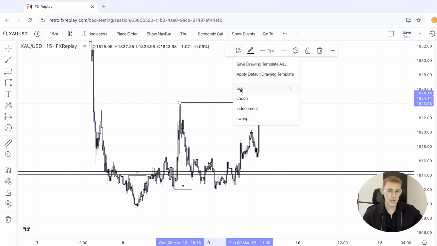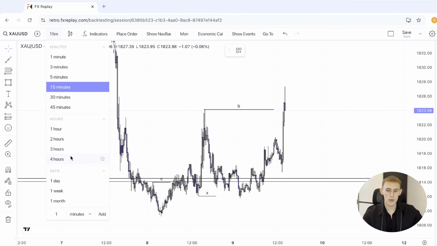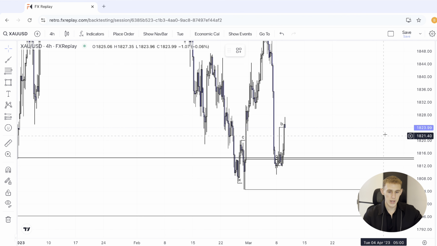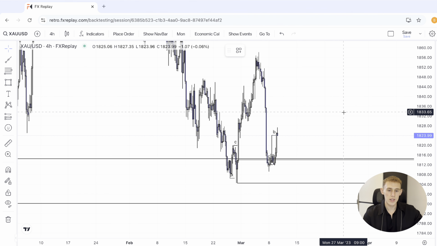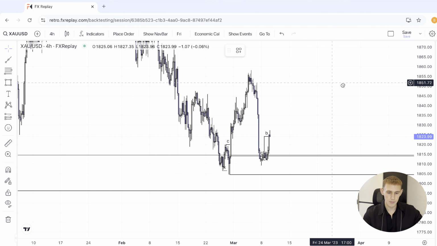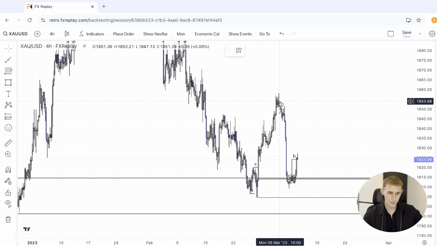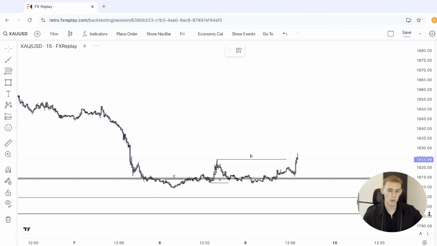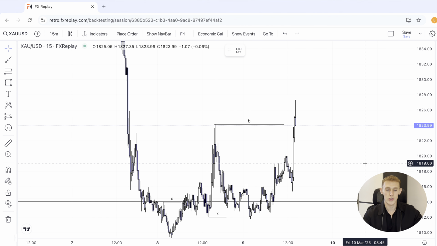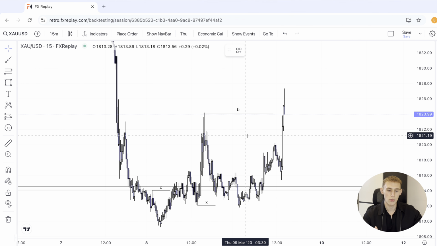I always tell all of my students to focus on both the external and internal structure. The external structure at the moment is obviously this high up here. That would be the main bullish trend high that you're currently looking at. But after price comes into that higher time frame demand zone, you want to be following the internal bullish structure up to that external high.